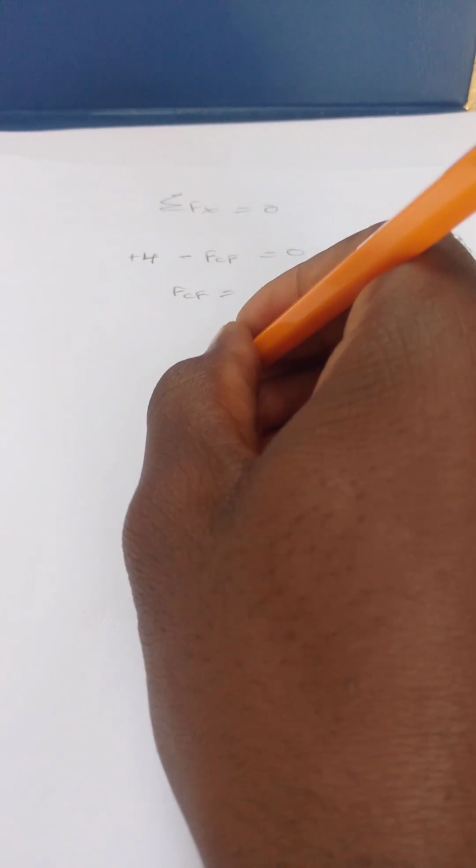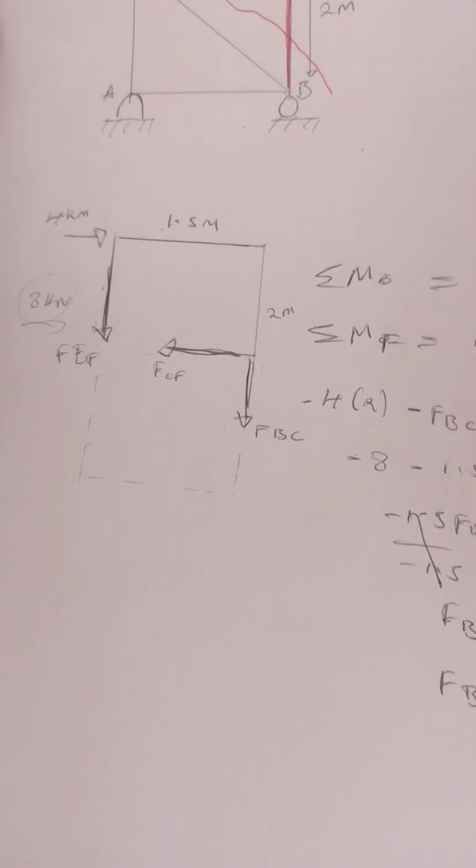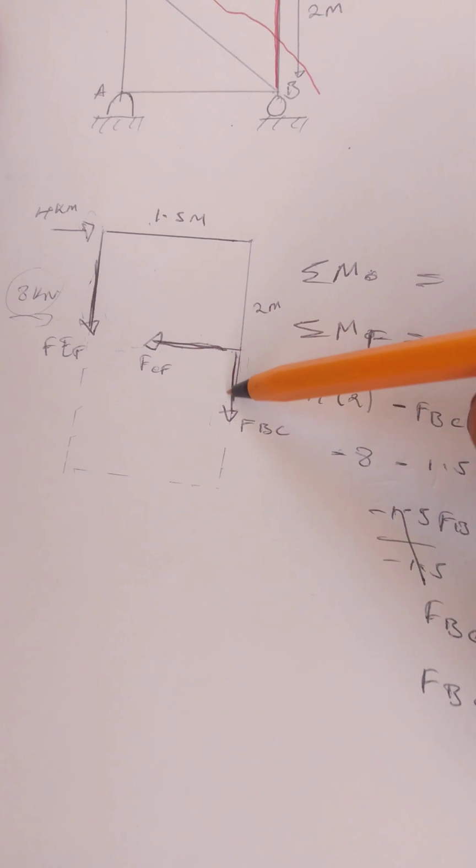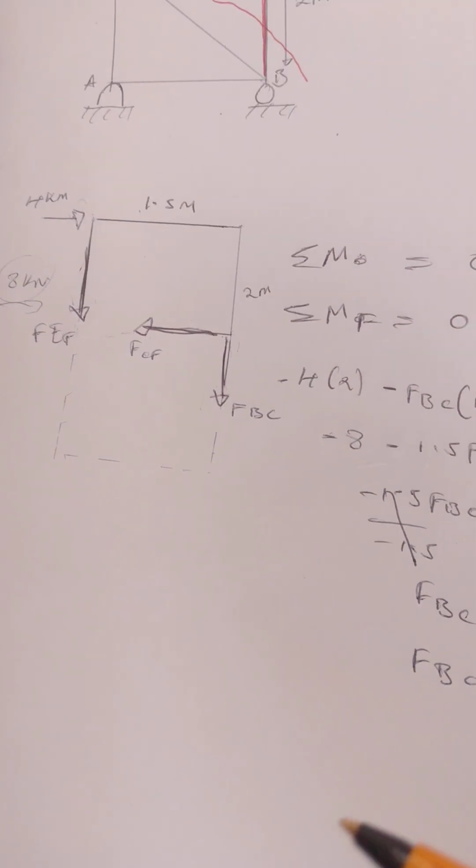Okay, so we'll do the summation of the forces in the y. Summation of the forces in the y is equal to 0. We are using the same diagram here. If you can see, we have this force pointing downward. We also have this other force pointing also downward.